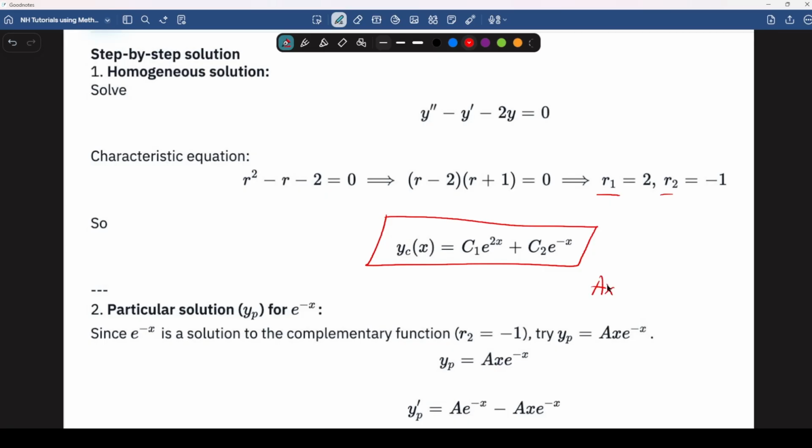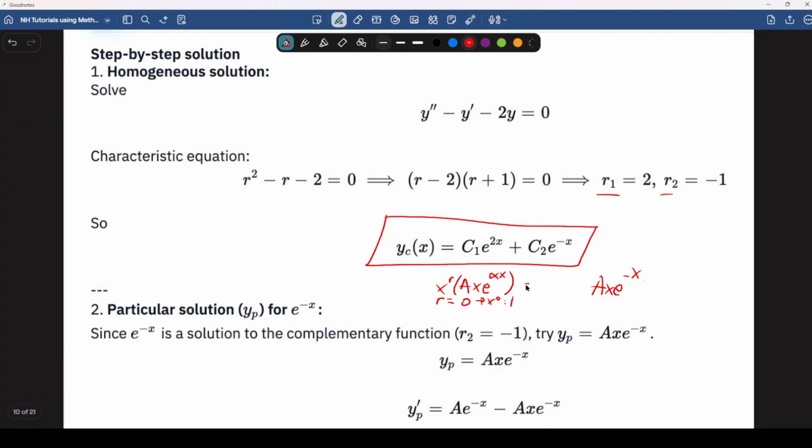So at r equals 0, that gives you x to the power of 0 equals 1.